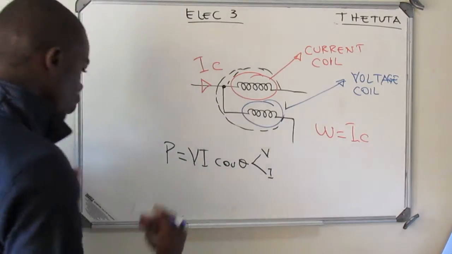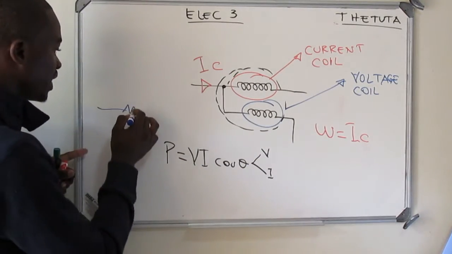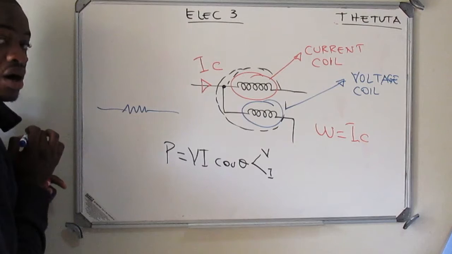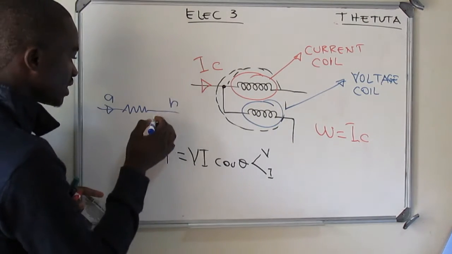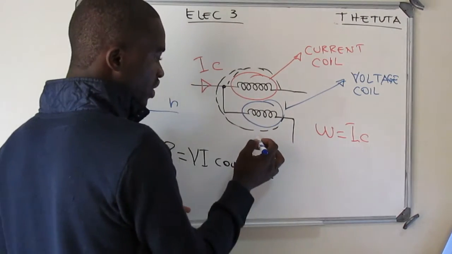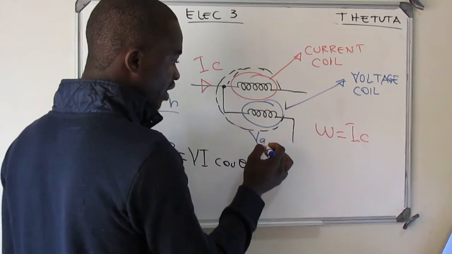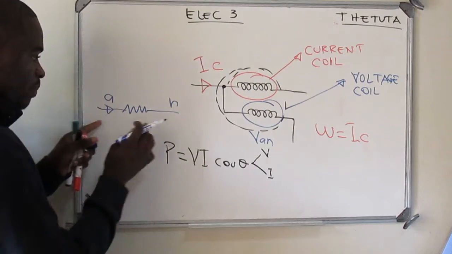But what do we know about the voltage? The voltage is basically like a voltage drop. If I have a component, if my current is flowing, for instance, from A to the neutral point, automatically I can come here and say my voltage is going to be the voltage from A to the neutral point, because every time we measure the voltage, we always measure it in parallel with a component.